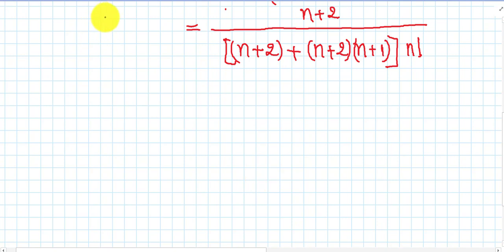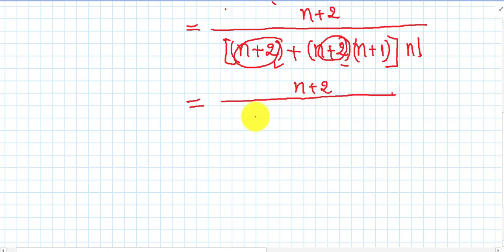Now this n plus 2 and this n plus 2, we take n plus 2 out.